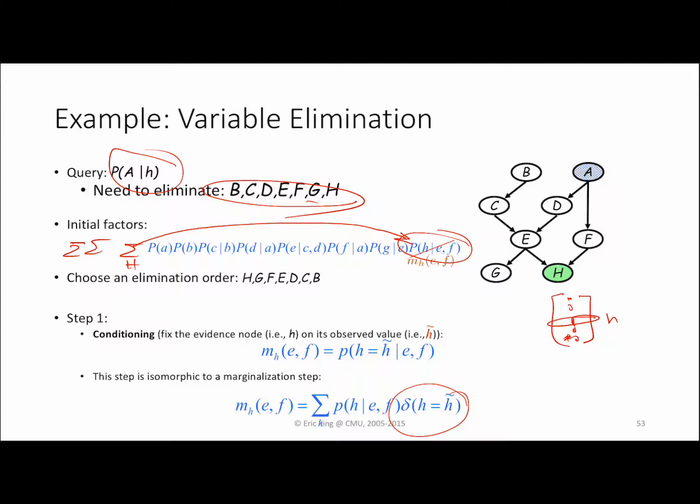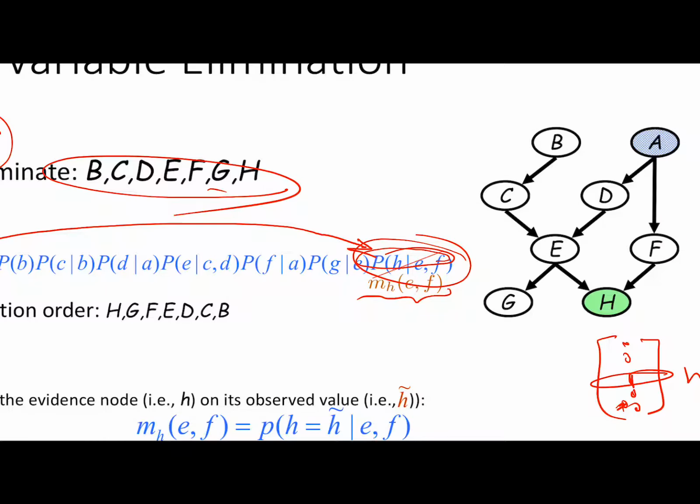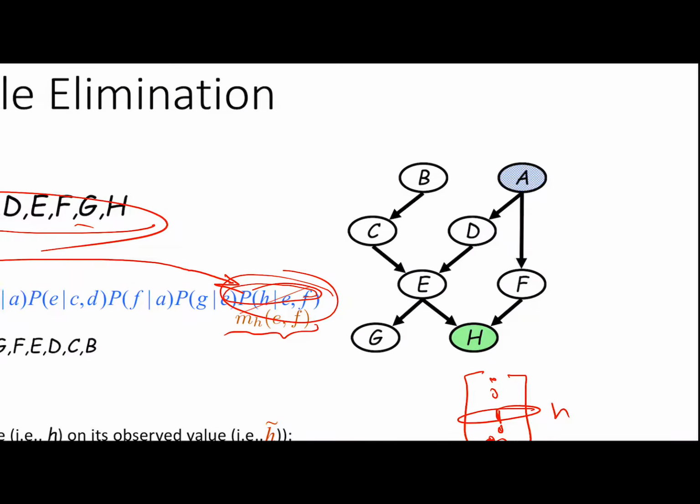Okay, so that basically removes this term and produces a message that I'm going to represent with m_H(E, F). The reason that I'm representing it as m_H(E, F) is that this is the notation I'm going to choose every time I have a message that's the result of eliminating one random variable.